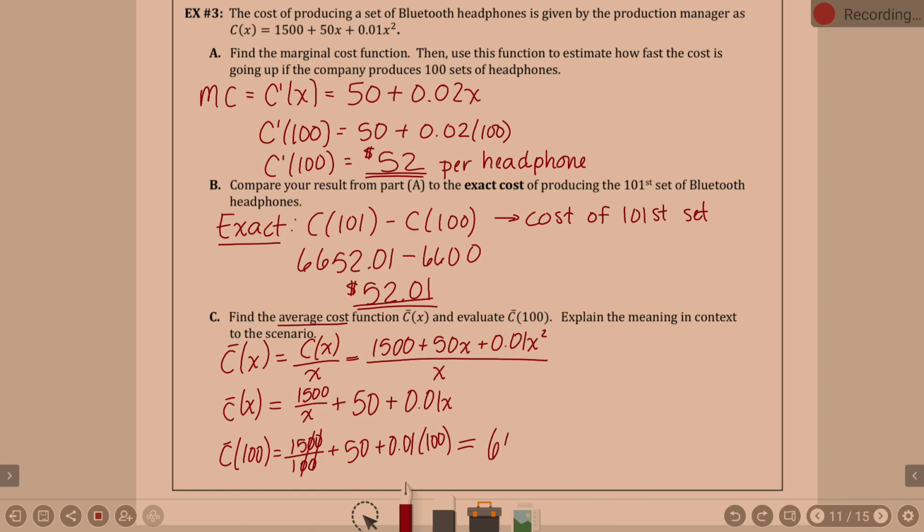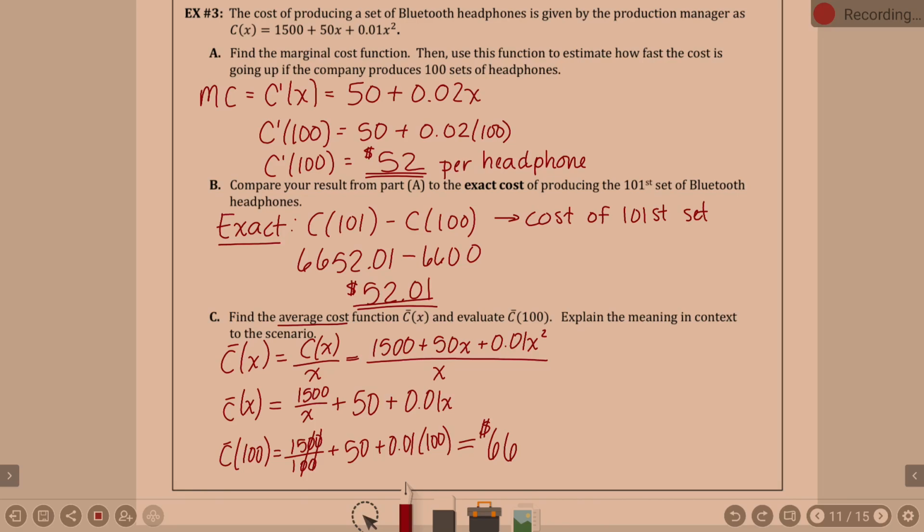And what is that 66? Average cost function. So the average cost function was C bar of x. This is C bar evaluated at 100. So this is the average cost of a set of headphones when what happens?